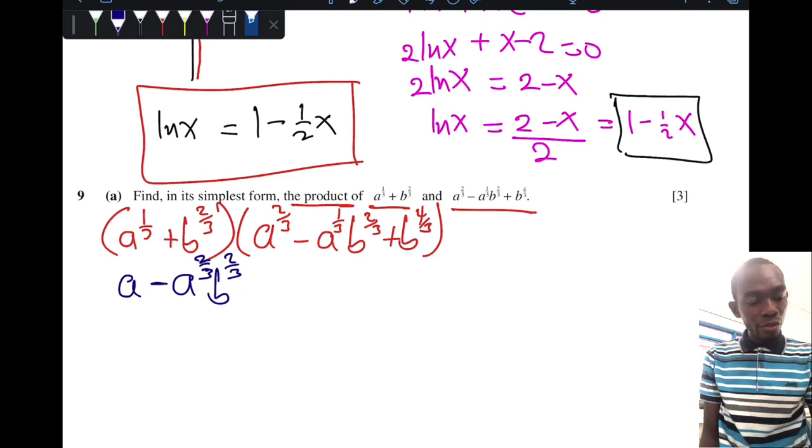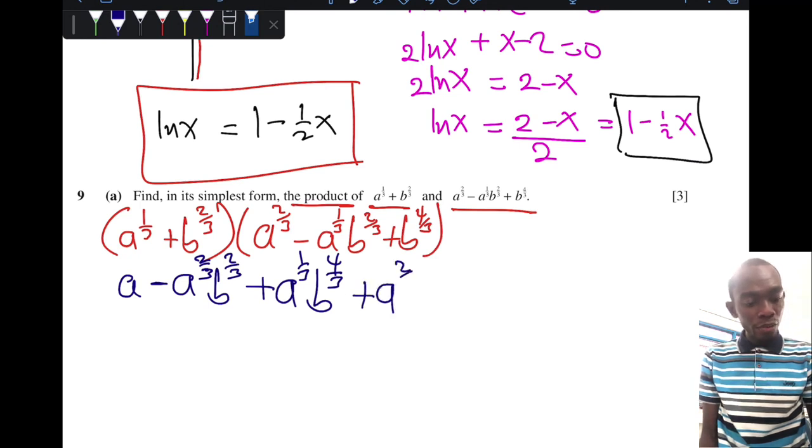You are going to have plus a to the power 1 over 3, b to the power 4 over 3. Then use this b to the power 2 over 3, distribute over the entire thing. You're going to have plus a to the power 2 over 3, b to the power 2 over 3. Now use this, multiply that. We're going to have negative a to the power 1/3, b to the power 4 over 3.